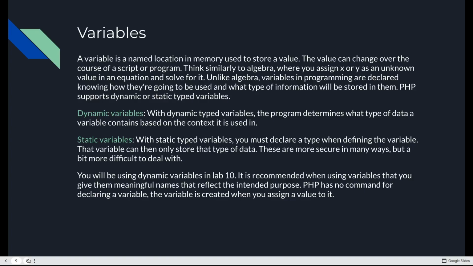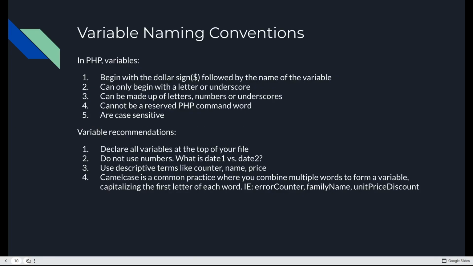It's recommended when using variables that you give them a meaningful name that reflects the intended purpose. Now, PHP doesn't have a command for declaring a variable. It's just created when you assign a value to it, which is handy. When you're creating variables in PHP, they always begin with a $ sign, followed by the name of the variable.